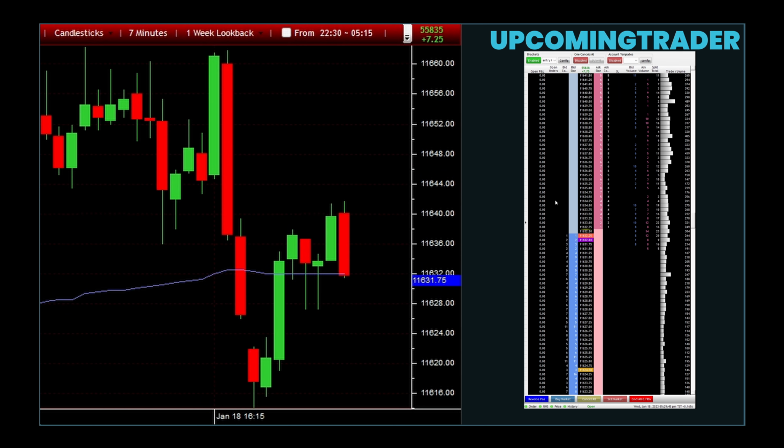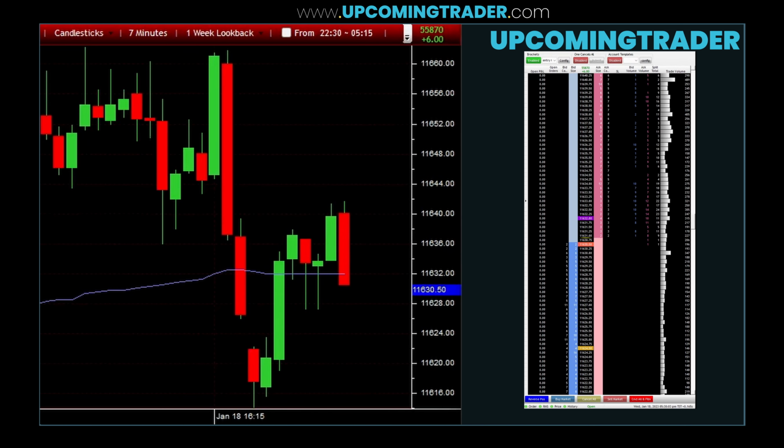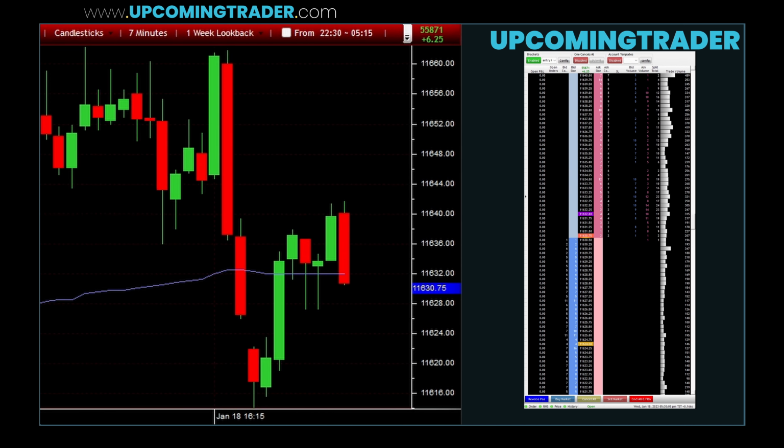Combining the MACD with volume profile helps reduce the noise and gives you a clearer picture of potential reversals or trend continuations.